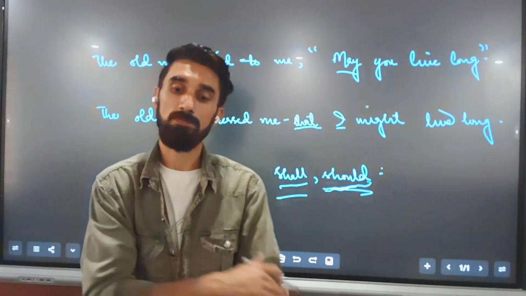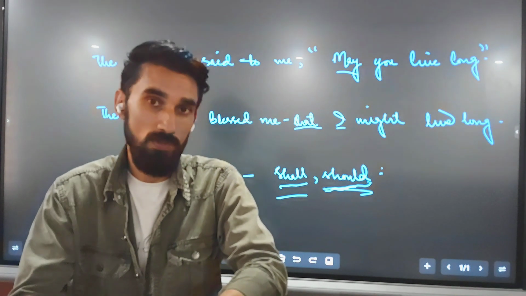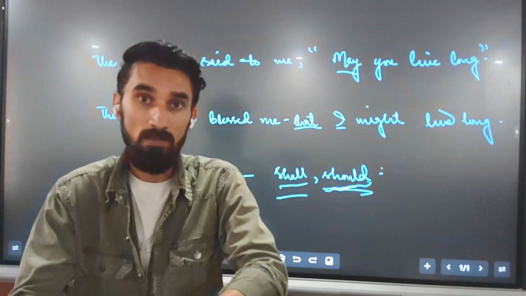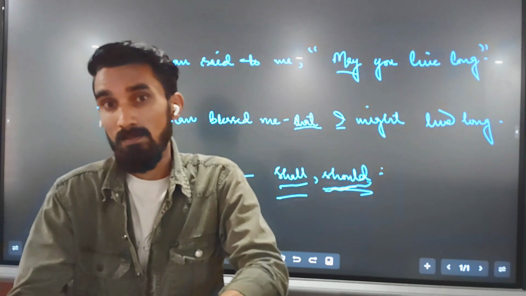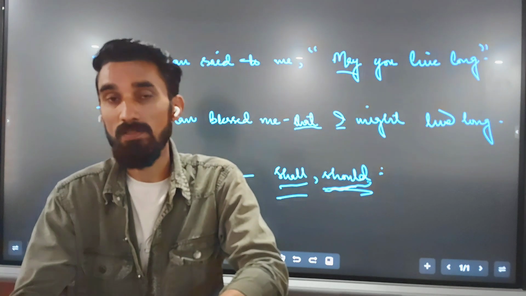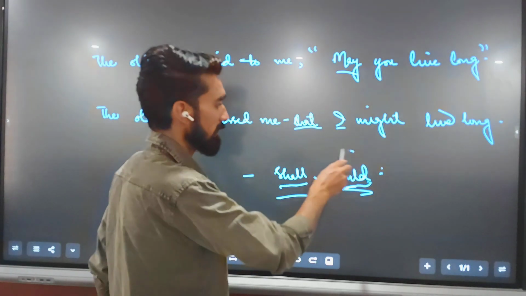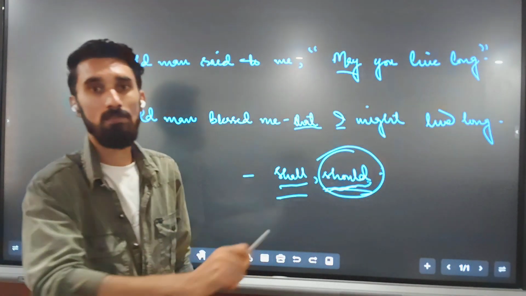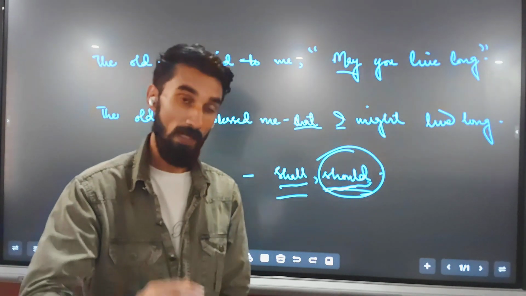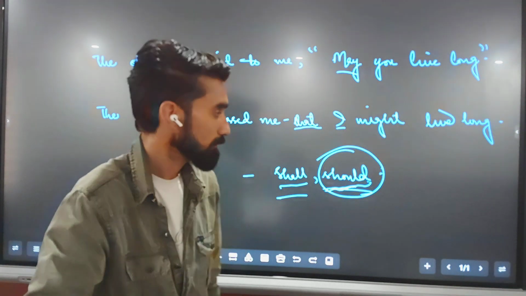But in case of change of narration, when you find shall used in direct speech, then it will be replaced with should. And should there only functions as the past form of shall. It doesn't signify any suggestions here or any advice, like it does when it is used as a modal or a helping verb.